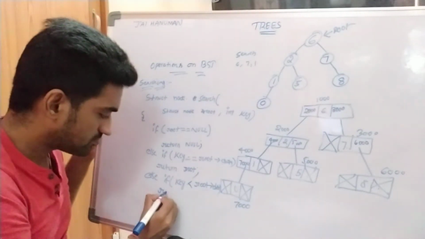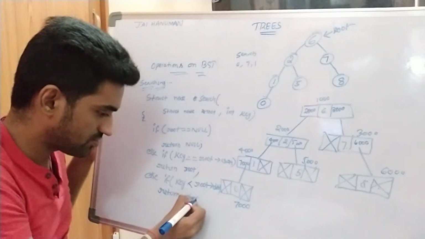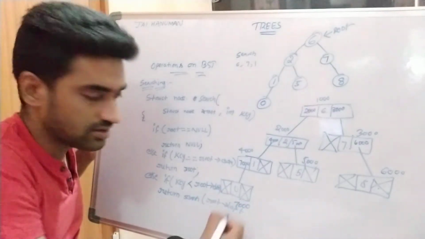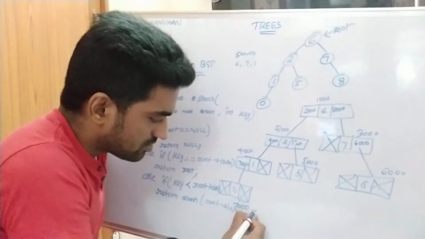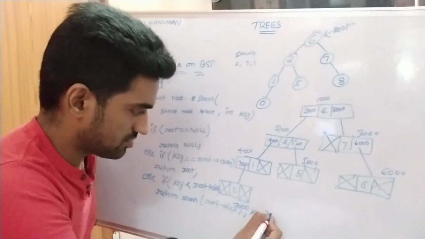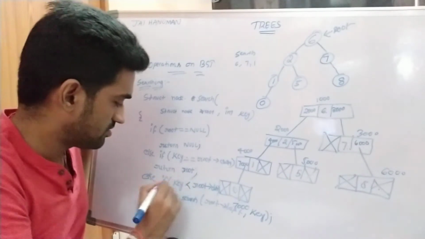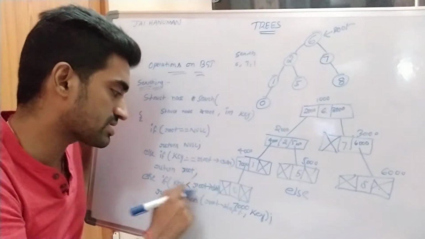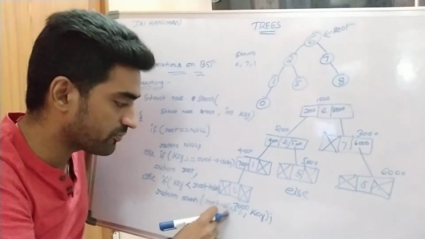So then return search(root of left, key). Else, this condition is a failure, and the key element is present in the right subtree. So that's why we search the root of right.